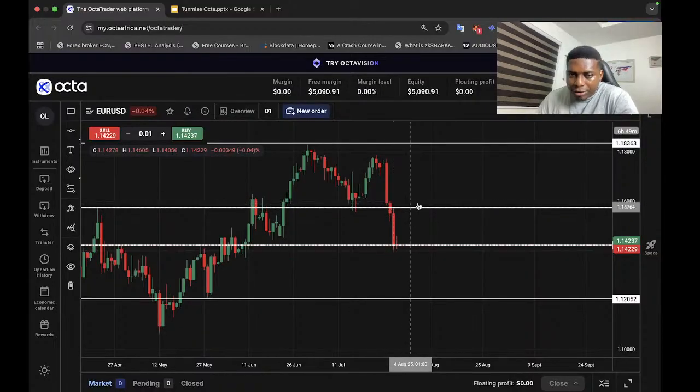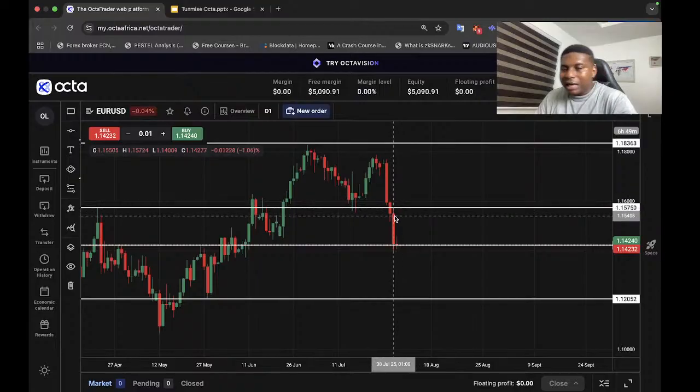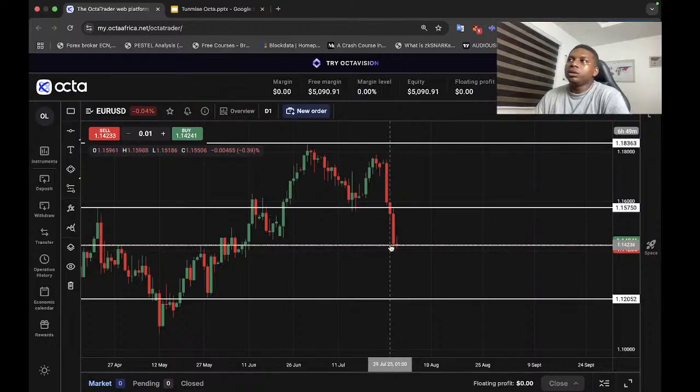So you can see price breaking through. This is a breakout candle from this support zone, and the candle that followed after the breakout candle is a fully bodied bearish candle.